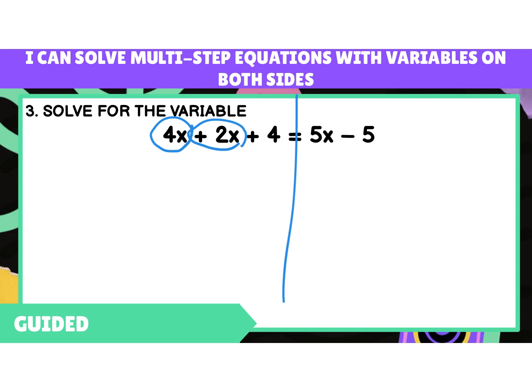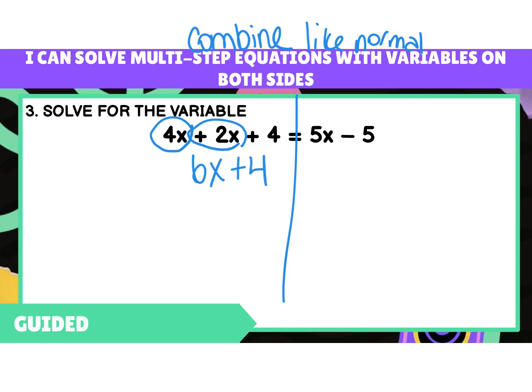If they're on the same side, we're going to combine them like normal. We're not going to do the opposite. Combine like normal. So 4x plus 2x would give us 6x plus 4 equals 5x minus 5.